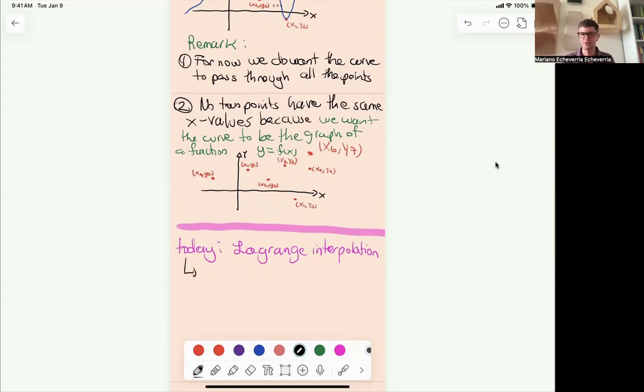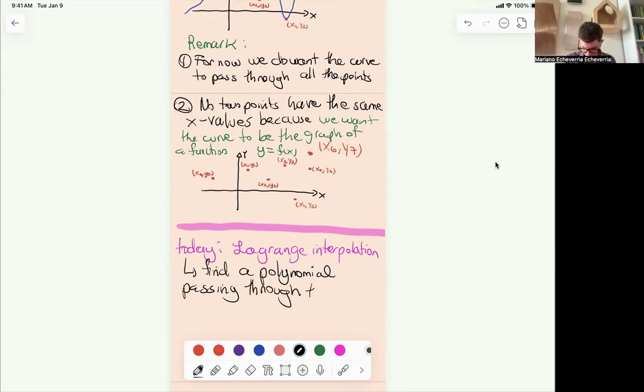So Lagrange interpolation is trying to find a polynomial that passes through all these points. Find a polynomial passing through the given points.